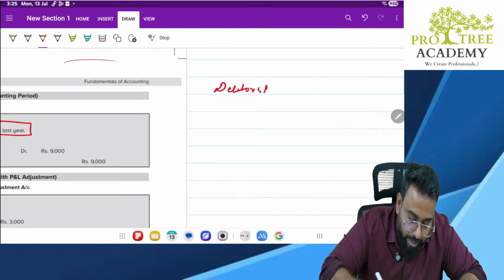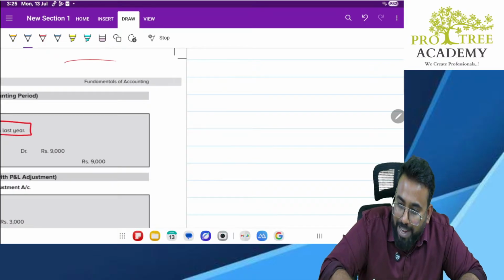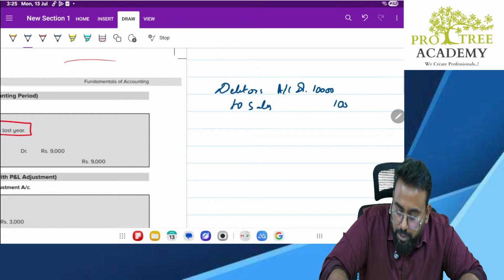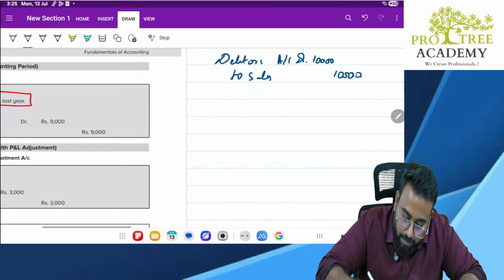Debtors account debit, because we don't know whether it is a cash sale or a bank sale, so we'll assume that as debtors. So debtors account debit 10,000 to sales 10,000. This is what you should have recorded. But what have you recorded?